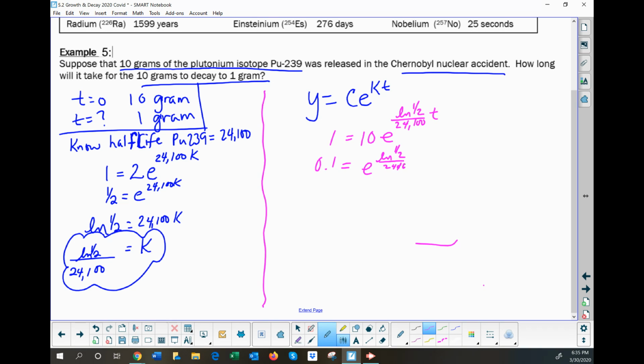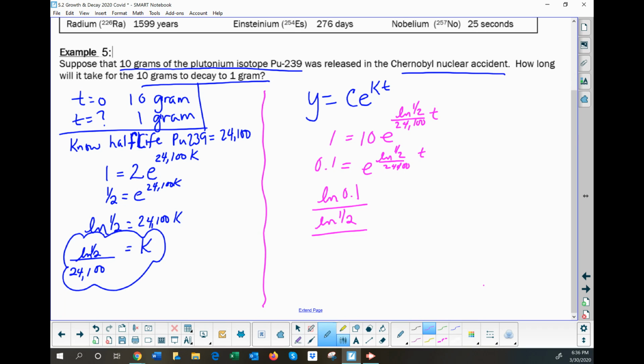So we will natural log both sides, and I'll have the natural log of 0.1 divided by the natural log of 1/2 divided by 24,100.